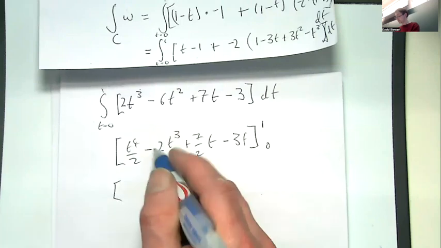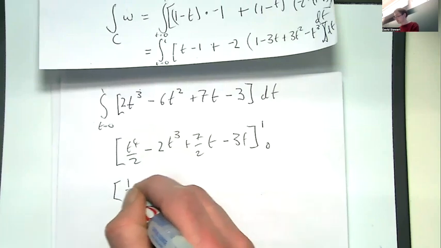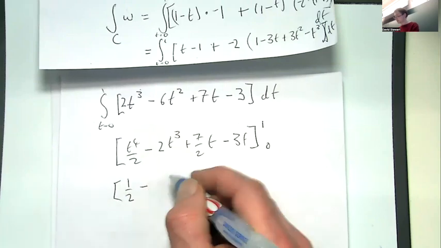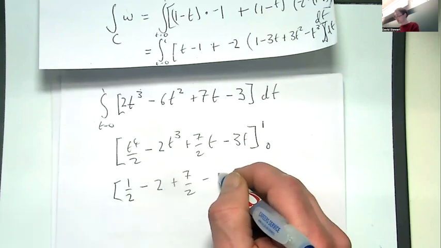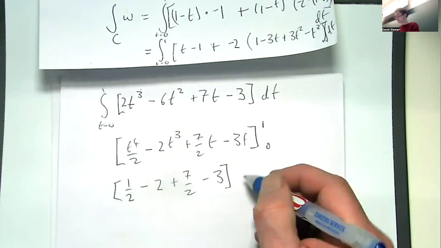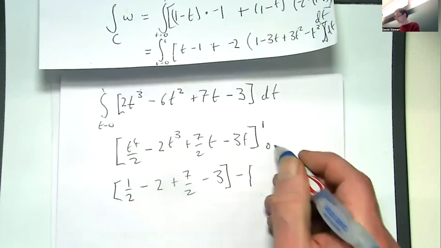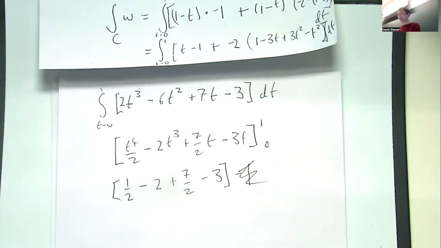Rather disgusting calculation. But anyway, we've got a half minus 2 plus 7 over 2 minus 3, minus what you get at 0, which is just 0. So we just have to add these up. 7 over 2 plus a half is 8 over 2. 8 over 2 is 4, and 4 minus 5 is -1.